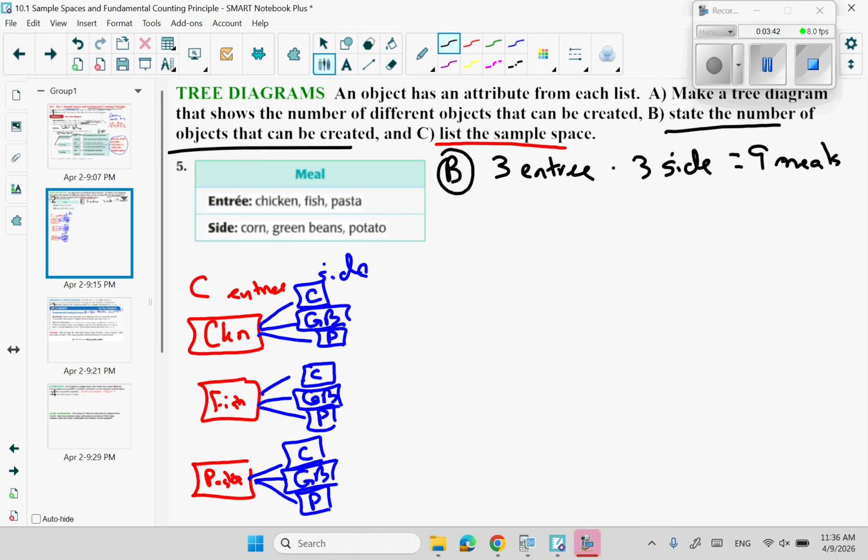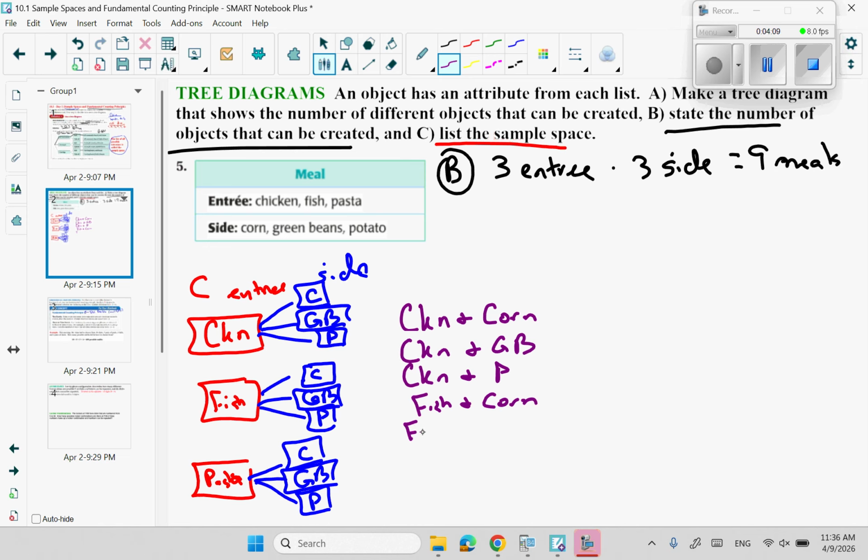Which means if I were to list out the sample space, which it says list the sample space, I could go chicken and corn. I could go chicken and green beans. Chicken and potato. I could go fish and corn. I could go fish and green beans. I could go fish and potato.